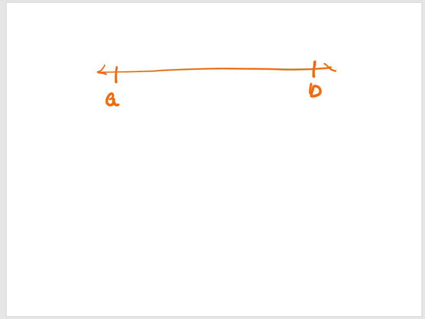Let's say I have a range from A to B. This is the range of my input values. I'll choose a value, let's say X, which is your minimum.